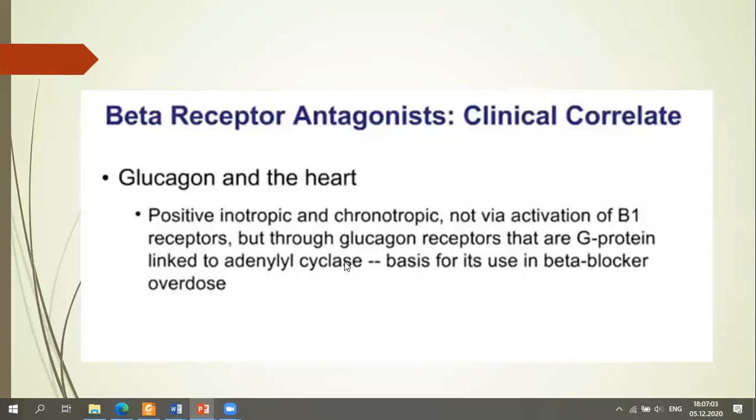Adenylyl cyclase works together with what type of G protein? They work with the G stimulating protein. So when the G stimulating protein is working, adenylyl cyclase will be activated, so the further changes will be occurring too. This is the basis for its use in beta blocker overdose too.